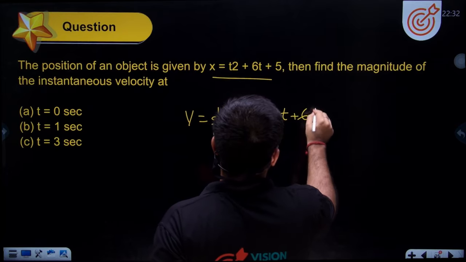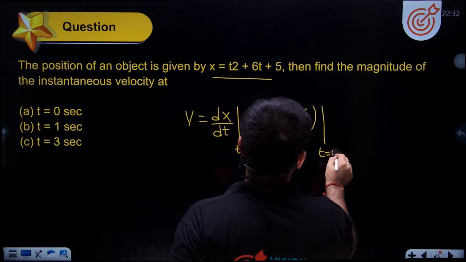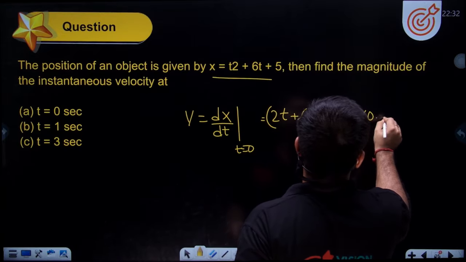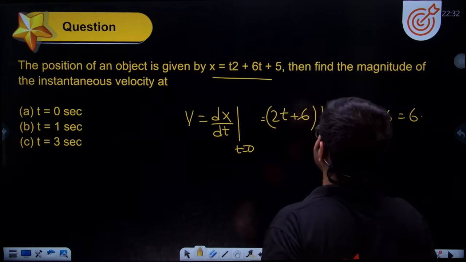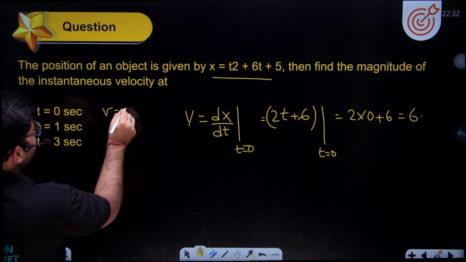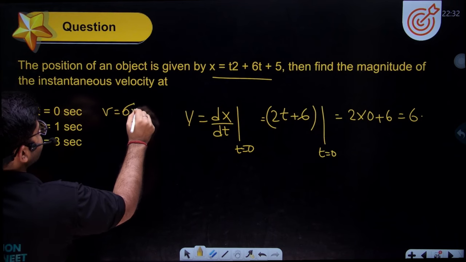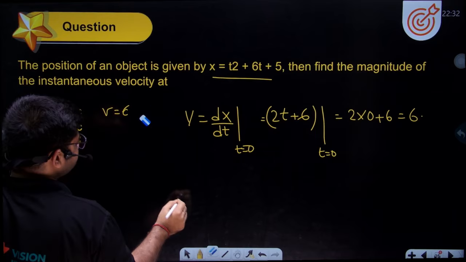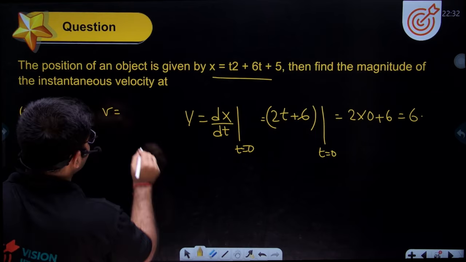Now at time t is equal to 0, it is going to be 2 into 0 plus 6, you are going to get 6. So here velocity is going to be 6. Unit they have not given, so let us just write 6 here.